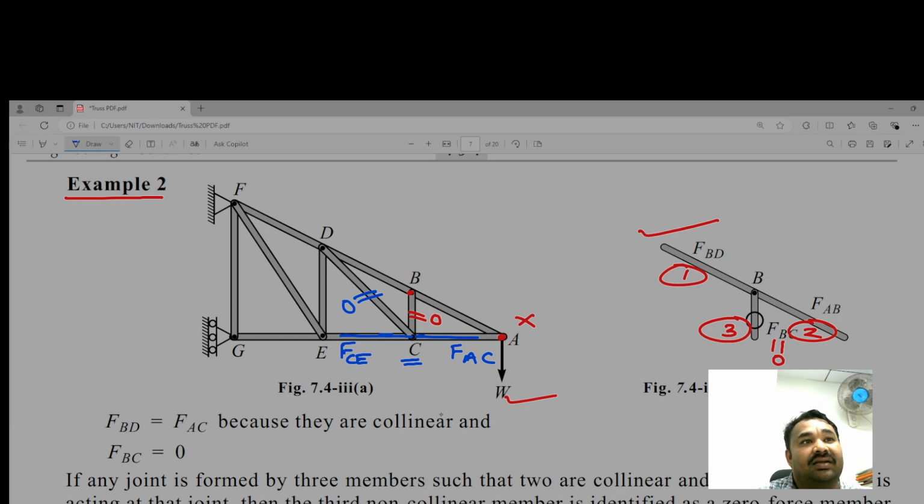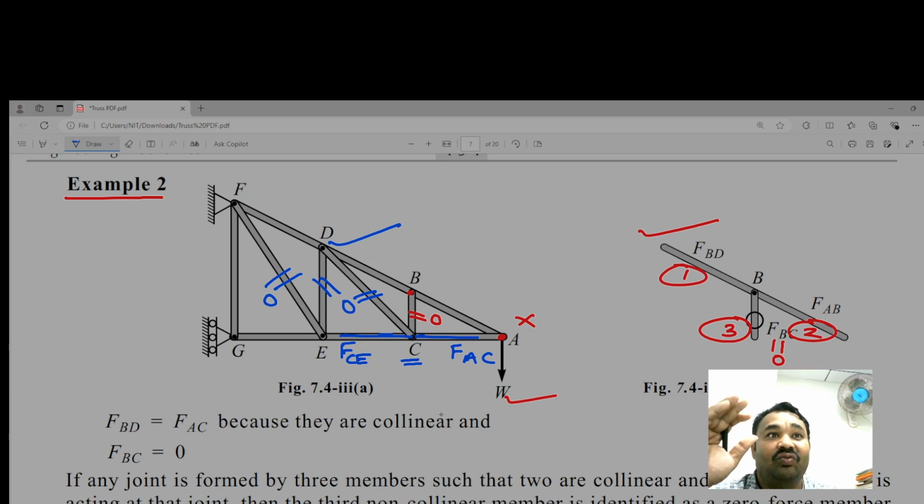Similarly here, now the third is at joint D, this one will be 0. Now come to joint E. This member will have 0 internal force. So in this way, see how we have minimized the calculations. That's why working hard is not enough. Working smartly matters a lot for success. You can save your time. So be smart.